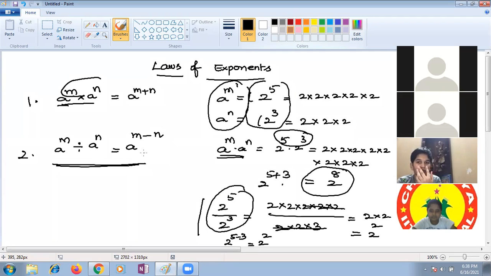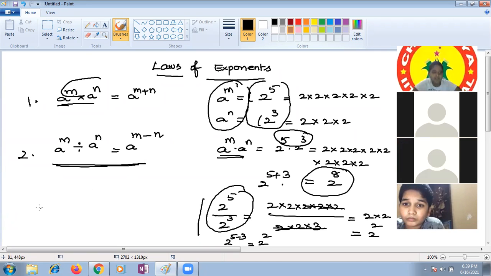Do you subtract the exponents in all the cases? Only if bases are same, we can subtract the exponents. If bases are same and we are dividing, we subtract exponents. If bases are same and we are multiplying, we add the exponents. That is the major difference between these two important laws.